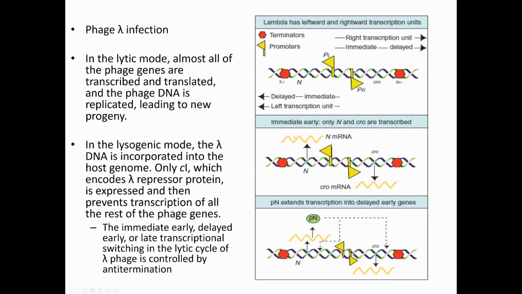At this stage they live with the bacteria together. But when they switch to the lytic cycle, they have the anti-terminator, so that they can transcribe immediate early, delayed early, and late genes, so that they can switch to the lytic cycle, okay? So that's the N protein, that's the anti-terminator.